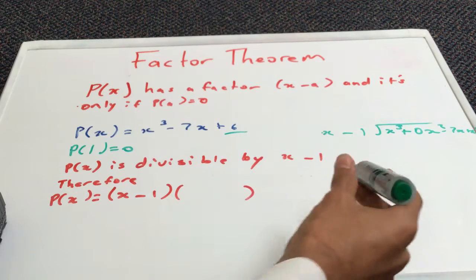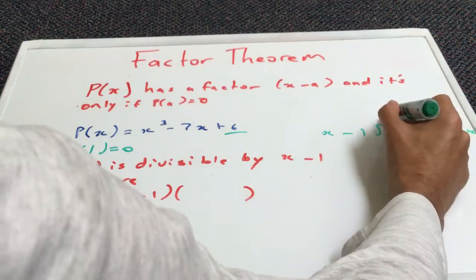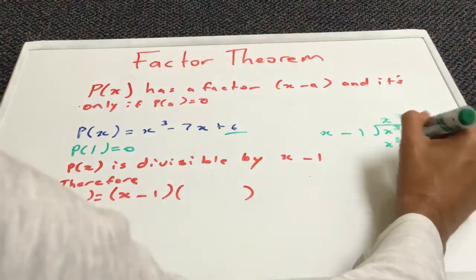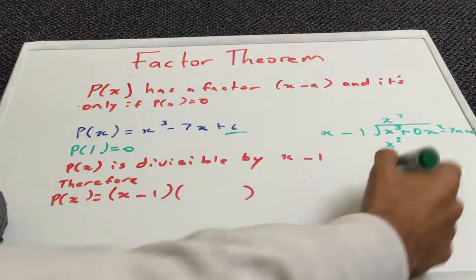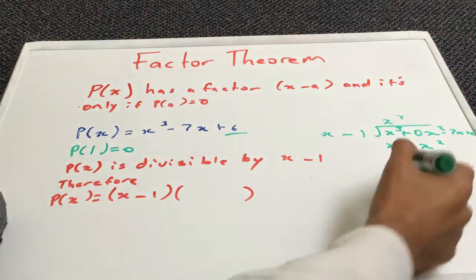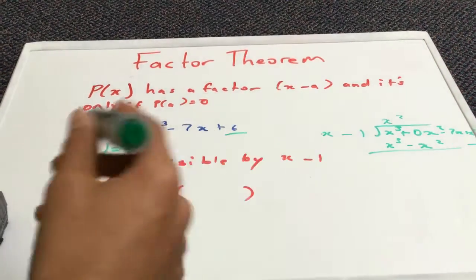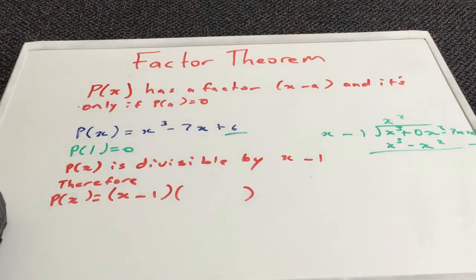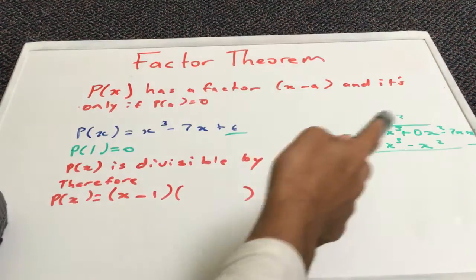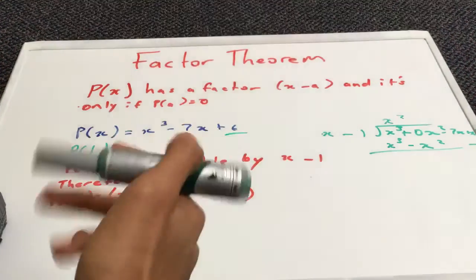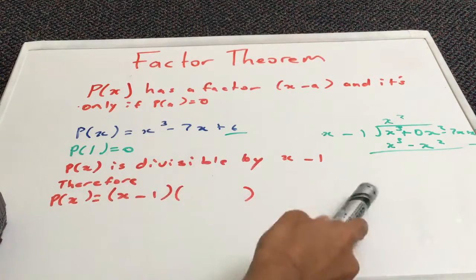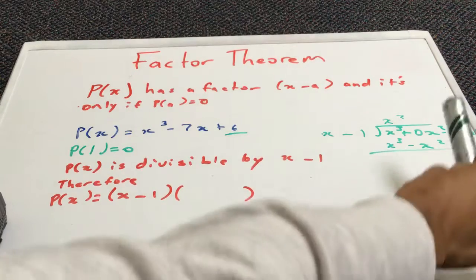Do x to the power of 3 divided by x first, and you get x squared. x squared times x minus 1 gives x to the power of 3 minus x squared. And now you subtract. You should see by now why I've put the 0 there. This function originally does not have the x squared, and it's really important in long division for alignment, so your powers are aligned in a straight line.